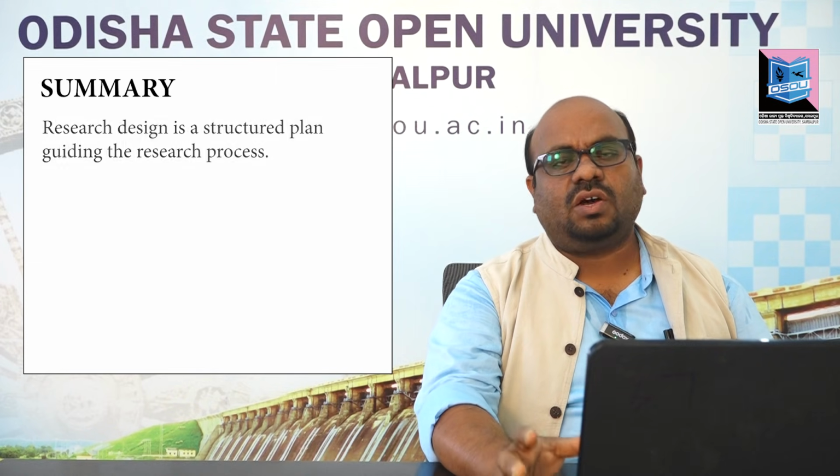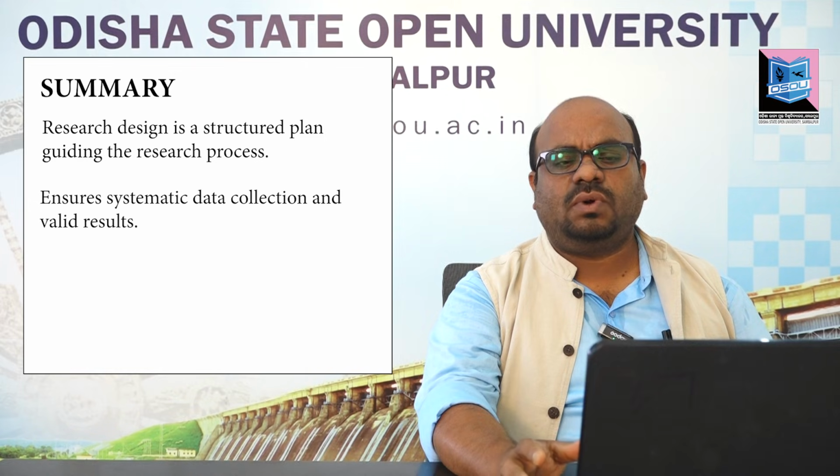Then let's sum up. As you know, we have already discussed various types of research design and variables. We may say that a research design is a clear and organized plan that guides the entire research process, from collecting data to analyzing it. It acts like a roadmap, helping researchers decide what they want to study, how they will study it, and how to make sure that their results are accurate and trustworthy.